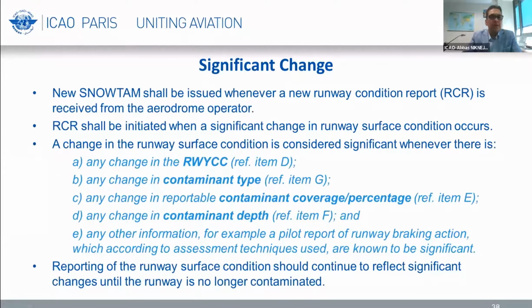Significant changes are listed here: any change in runway condition code, reference item D of Snowtam, any change in the contaminant type, item G, any change in the contaminant coverage or percentage, item E, and any change in the contaminant depth, item F, or any other information that is known to be significant.